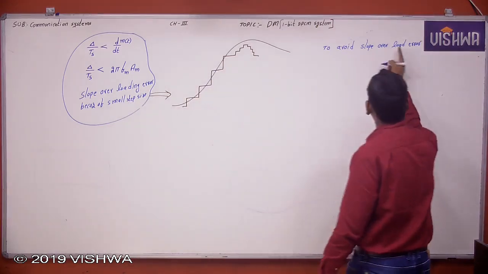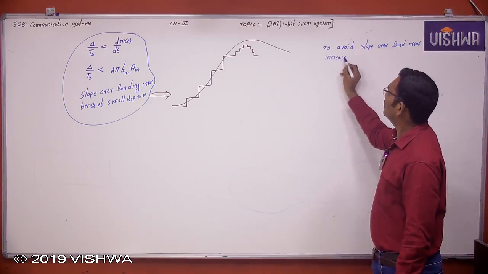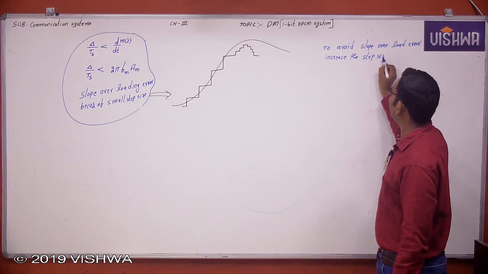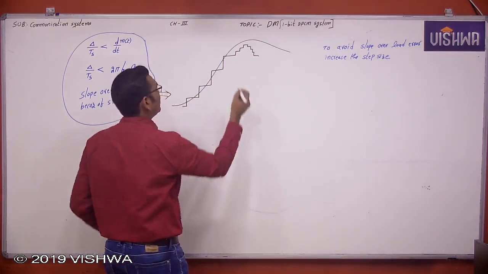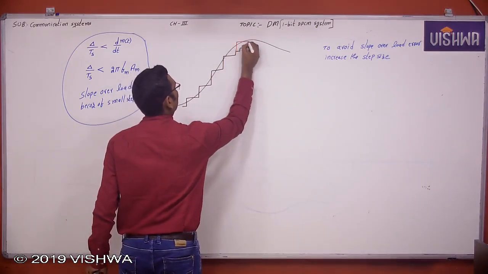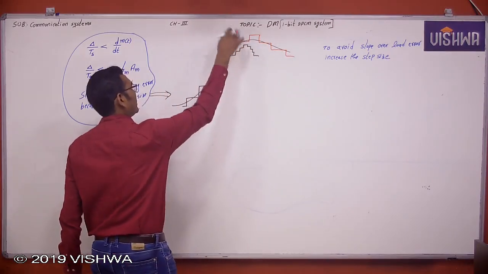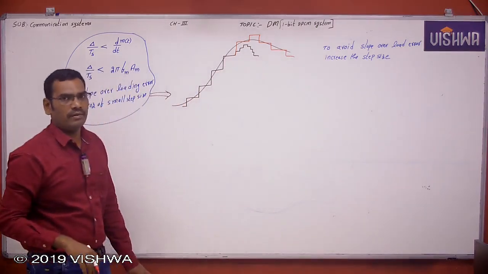So to avoid slope overload error, increase the step size. Your step size should be increased. If you increase the step size to the required level, then this slope overload distortion will be avoided.